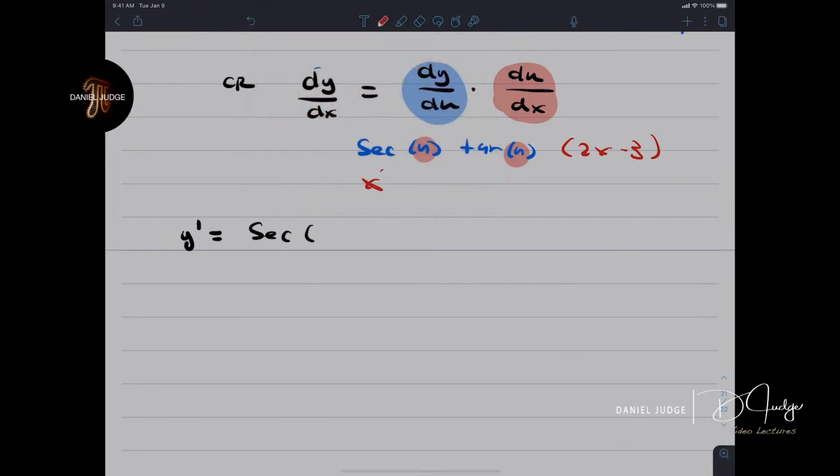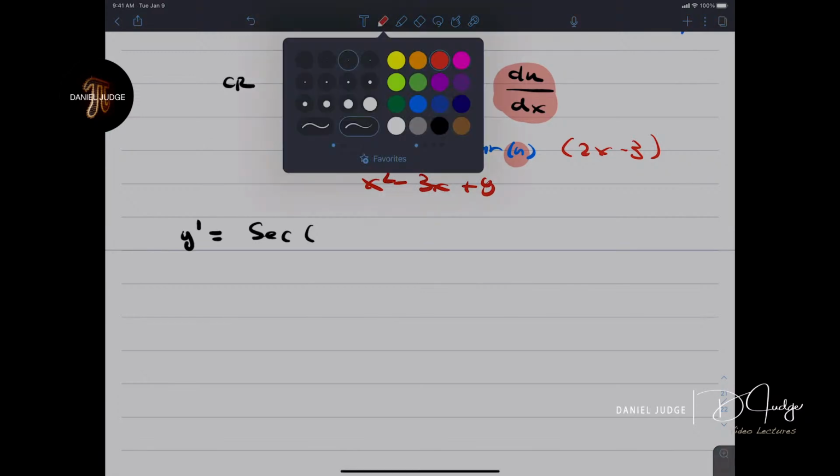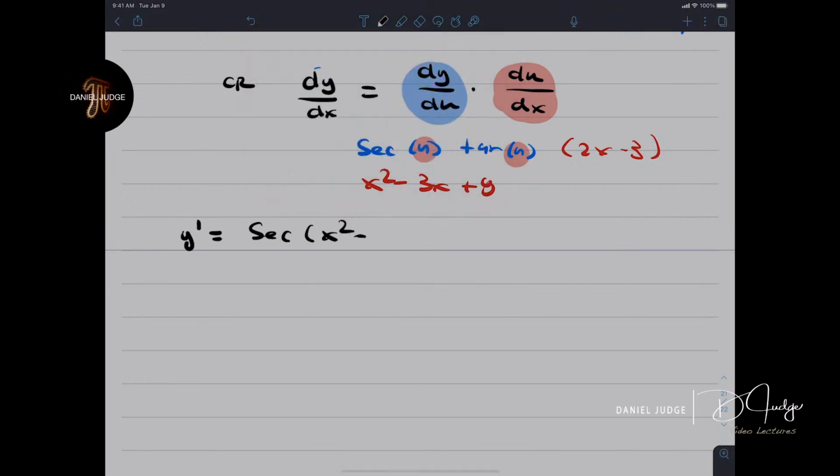Here's the u. So we're going to replace this with x squared minus 3x plus 8, tangent of x squared minus 3x plus 8.